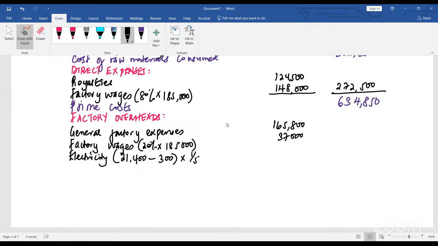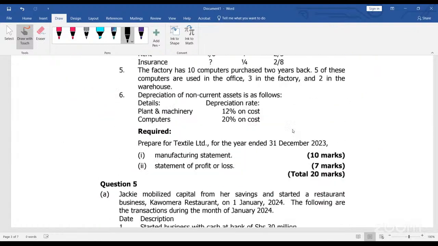What is 21.4 minus the 300, the prepayment, then times 1/5, because it's 1/5 that we are taking to the factory? That is how much? 4,220. Okay, thank you. That's our electricity.